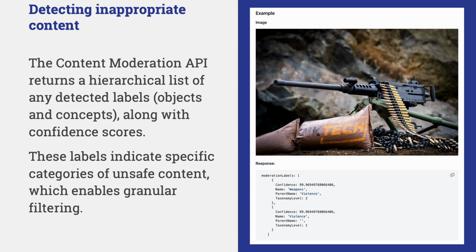So the Amazon Rekognition API will return a list of detected labels with the confidence scores on what they found. Those labels indicate specific categories of unsafe content, such as drugs, alcohol, or violence. But they can also return a second or even a third level of labels with more specific results, such as the type of nudity that was found, for example.